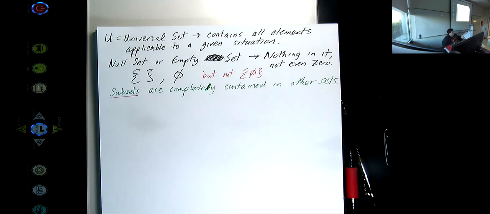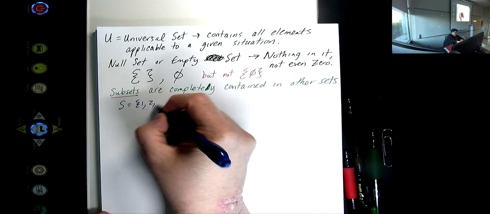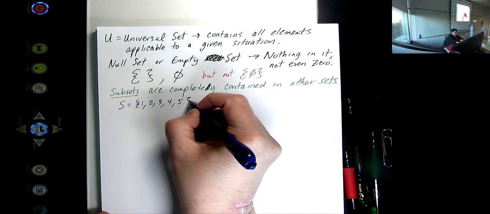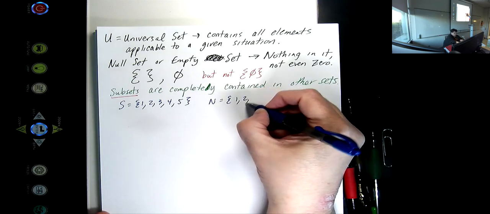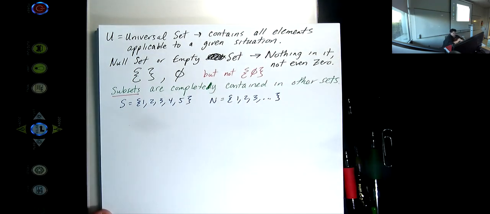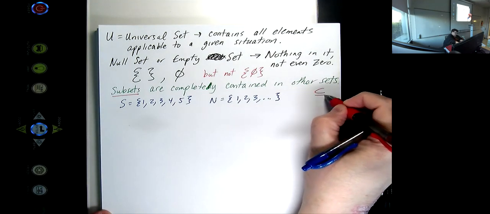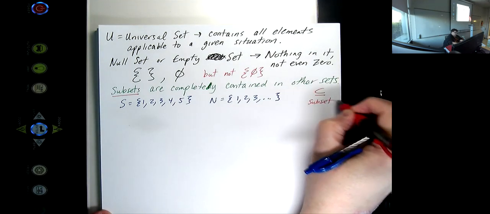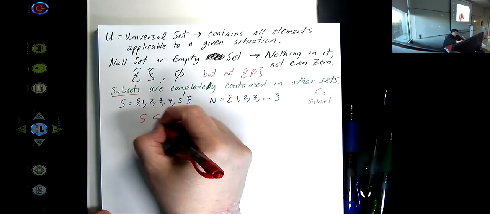I used the set S and N. So recall S was 1, 2, 3, 4, 5. N is 1, 2, 3, and it keeps going. The way we denote subset is we use this symbol for subset. So S is a subset of N.